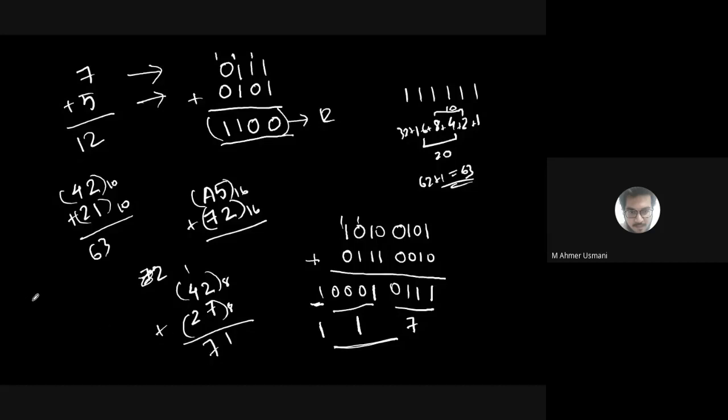So 42 can be written down as 1 0 0 0 1 0. 4 is written down as 1 0 0. 2 is written down as 0 1 0. Is this how we write 42?